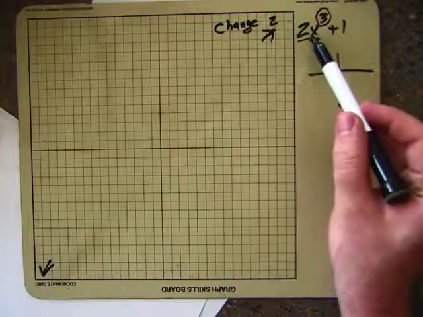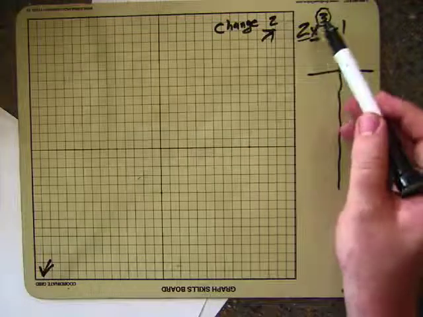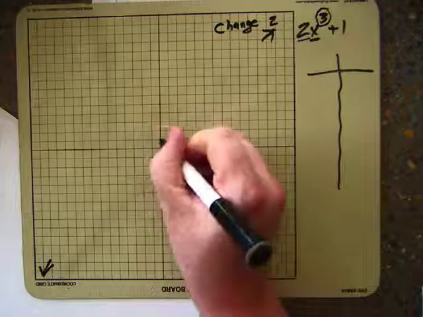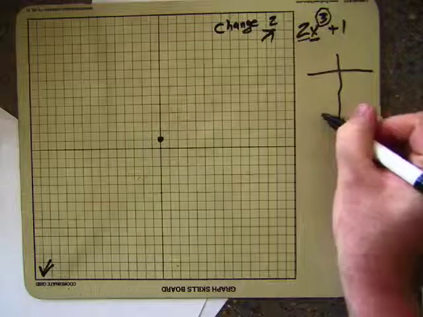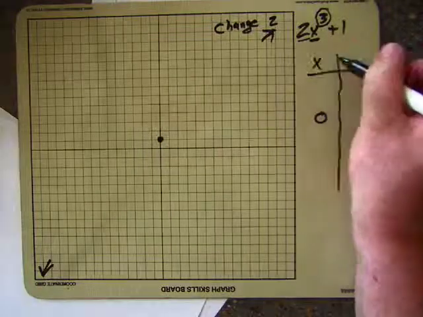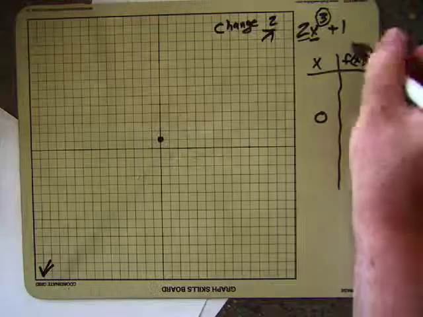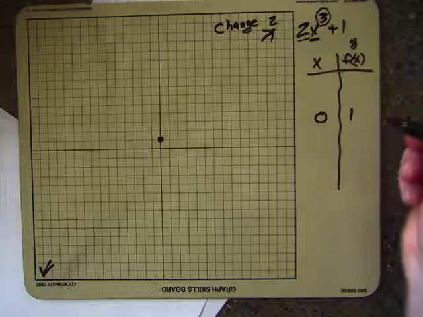If we change x to 0, we have 2 times 0 is 0, and 0 cubed is 0, so that leaves us with positive 1. So I know it's going to cross right here. When x is 0, f of x, or y, same thing, is 1.